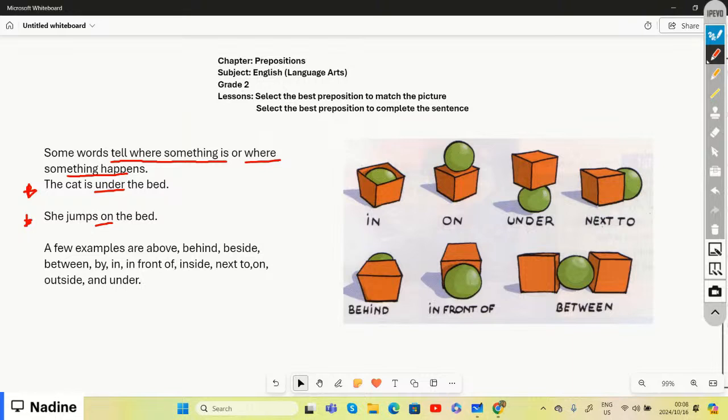And if we look at a few examples of prepositions, something can either be above, so it seems like it's on top.